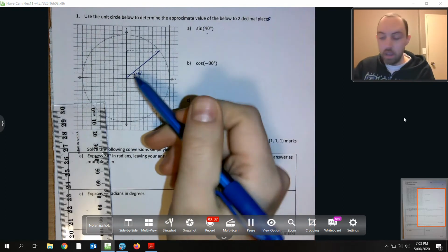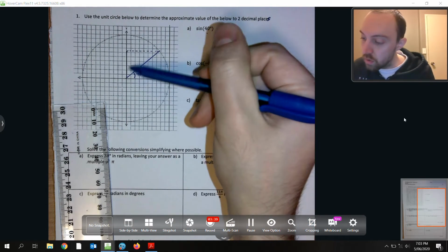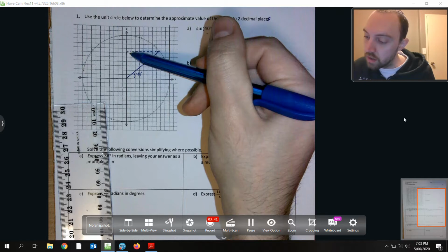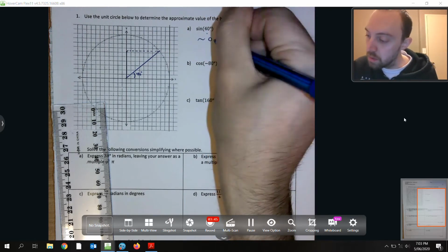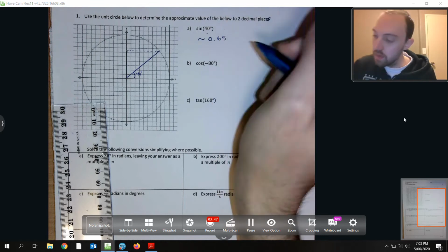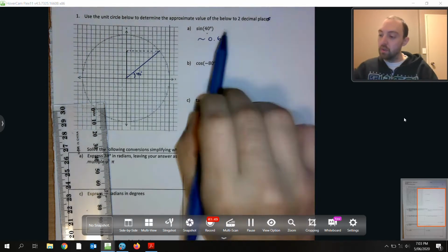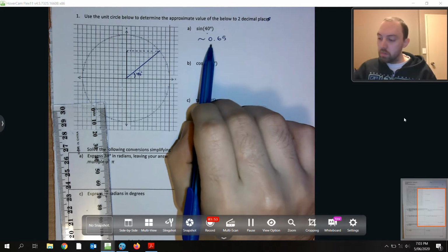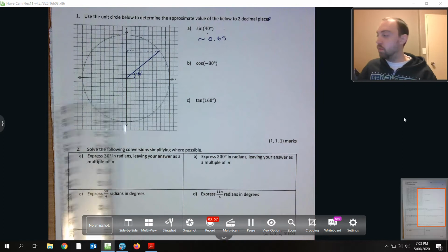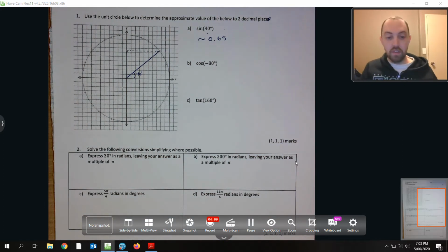Okay, that height is 1, 2, 3, 4, 5, 6, and about a half. So approximately 0.65. Okay, we're supposed to be going to 2 decimal places. You might say 0.64 or maybe 0.63, but we'll do 0.65 now.